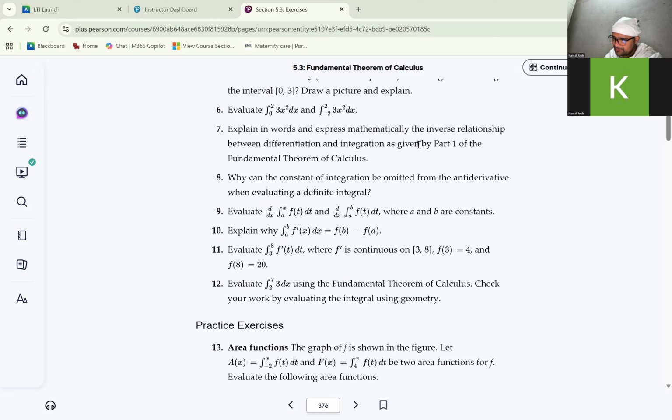All right. Next, evaluate the integral from 3 to 8 of f prime t dt, where f prime is continuous. Remember we talked about integrability in the previous video. When is a function integrable? The general answer is quite complicated, but we do have some special cases.